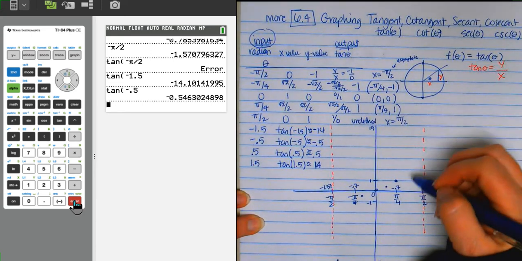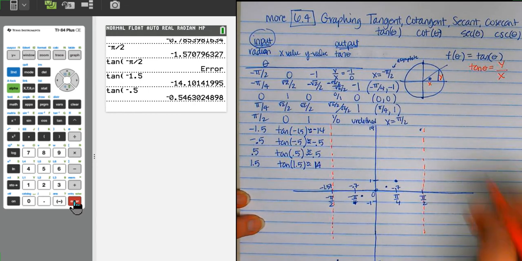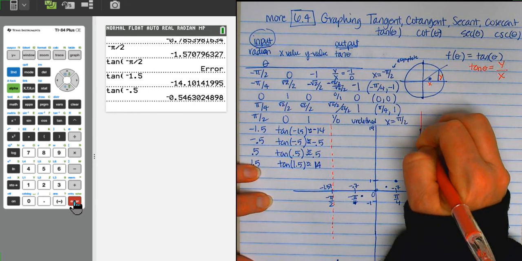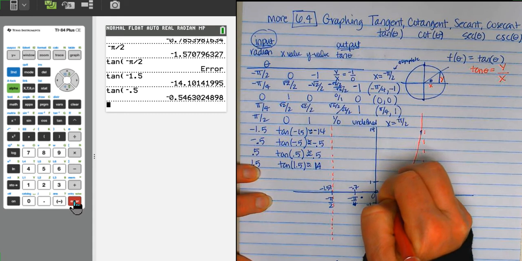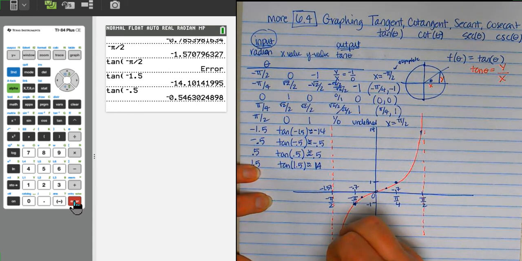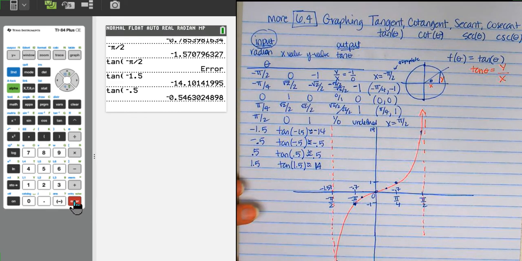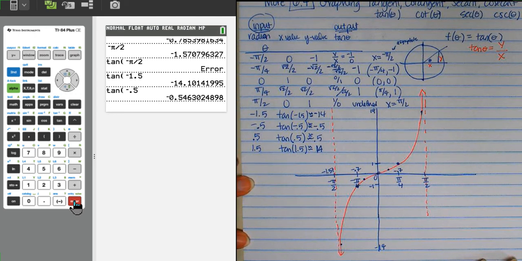And this is positive 14. So over here, I've got positive 14. So tangent actually looks like this. And this asymptote continues down. My tangent graph never crosses it. It's an asymptote. It's like a border.